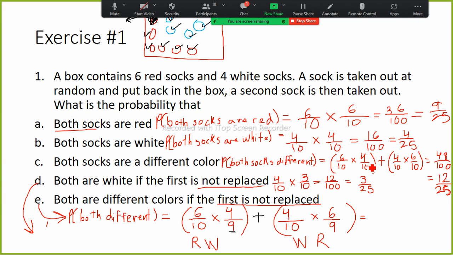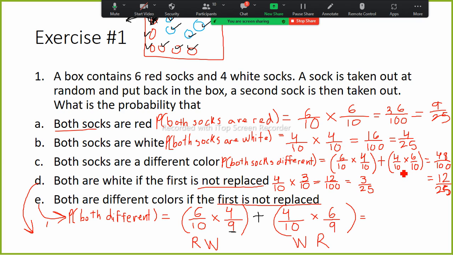Okay, so you have two different color socks, and either white or red could come first. Very good. So if red comes first, what would be the probability? Red, it'll be 6/10. Good. Then after that, you're trying to get a white one. What will be the probability? 4/10. Good. That's one option.